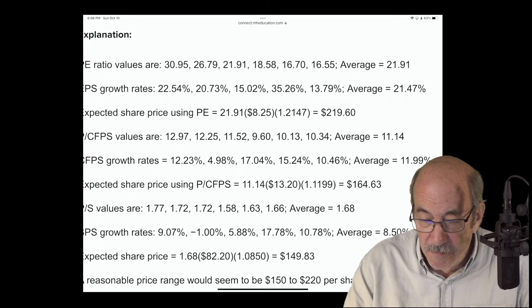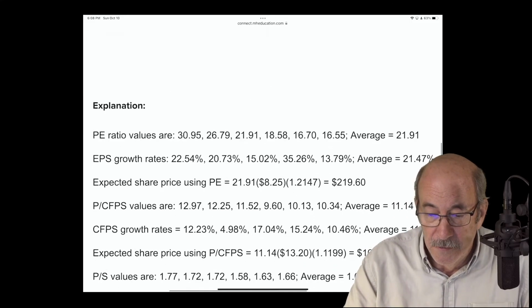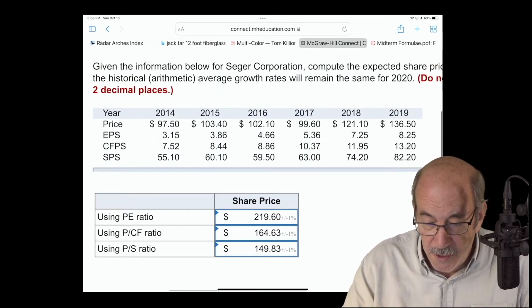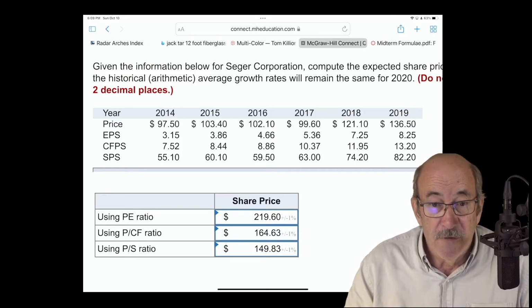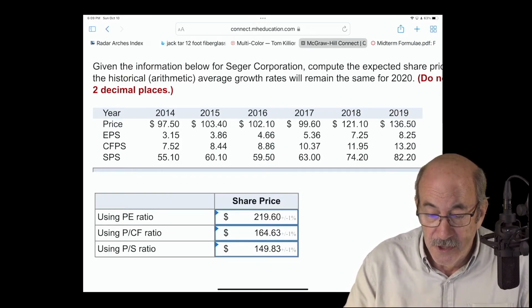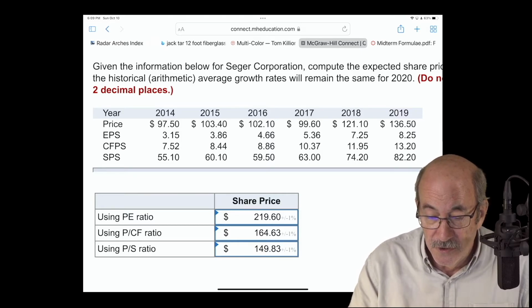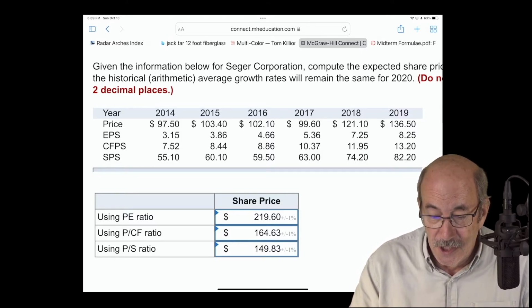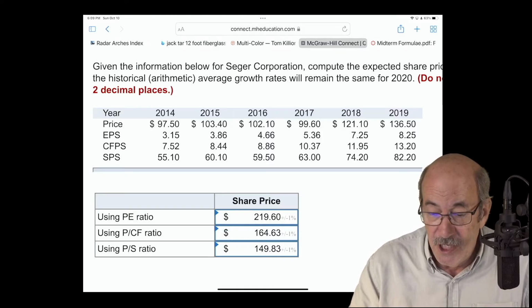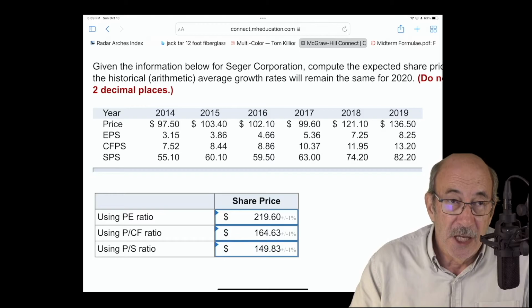And again, calculating growth rates here, I'll just show you one, and then we'll assume that that's not a big deal. So if I wanted to get a growth rate of earnings in this particular setting, the first 2 years, 2014 and 2015, earnings went from 315 to 386. So it's ending minus beginning over beginning.